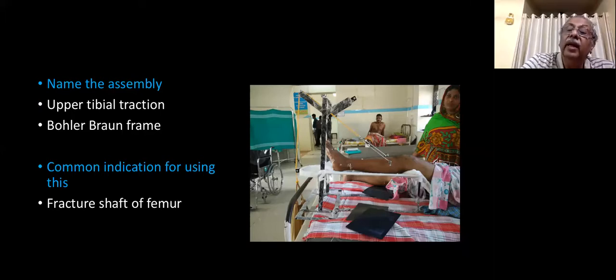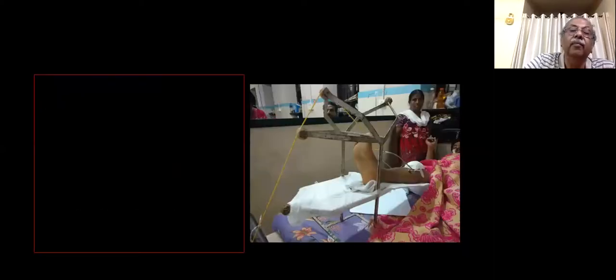So they will be given this traction and admitted to the ward, and the fixation will be done in the subsequent days. The common indication is fracture shaft of femur, and in some cases, subtrochanteric fractures and trochanteric fractures are also given skeletal traction.